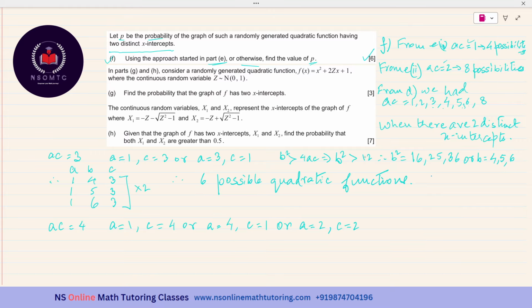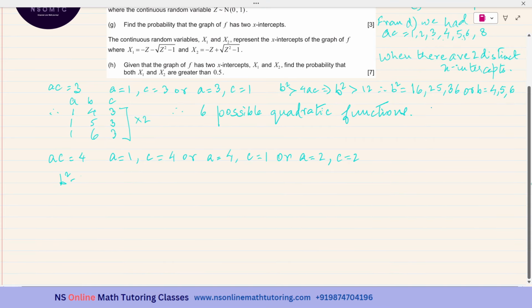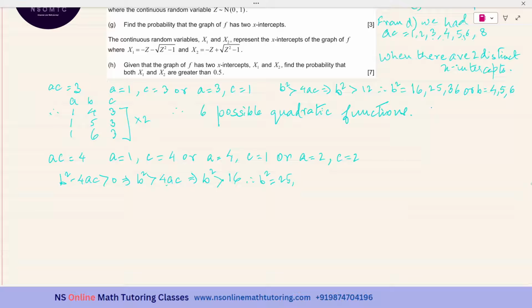B squared minus 4AC is greater than 0 means B squared is greater than 4AC, which implies B squared is greater than 4 times 4, which is 16. So B squared equal to 25 and 36. So B equal to 5 and 6.